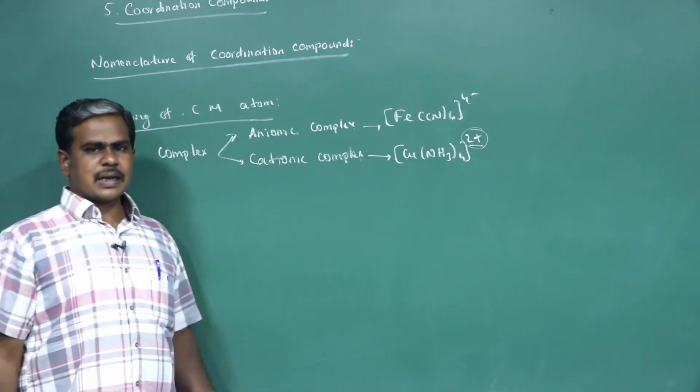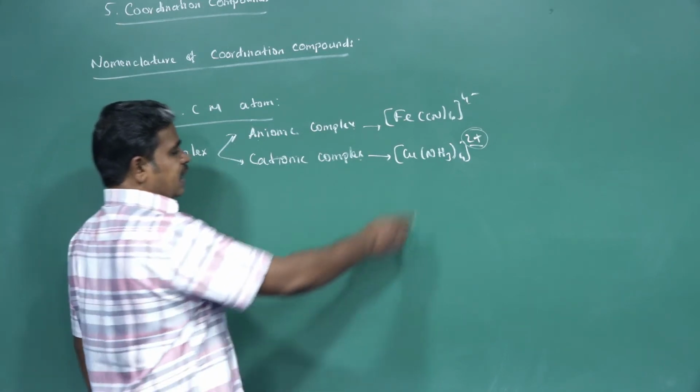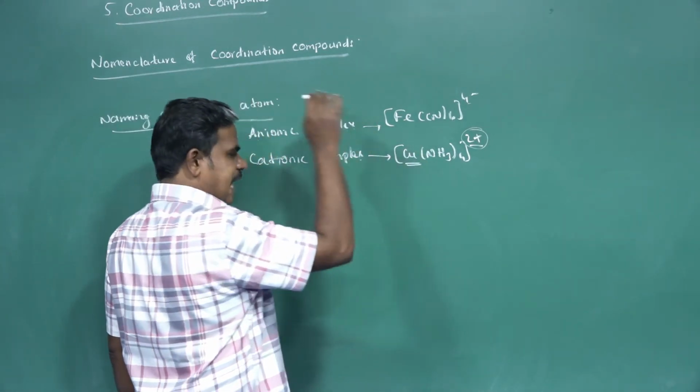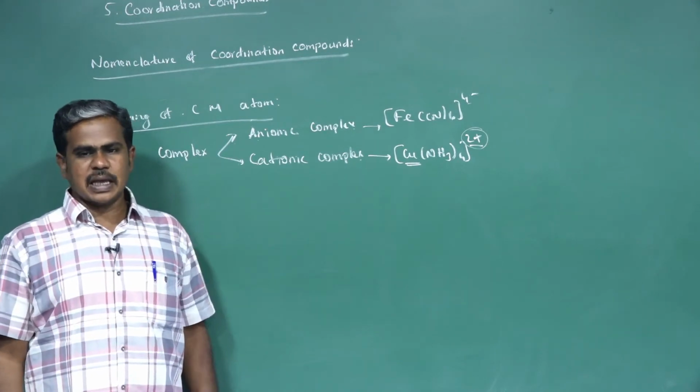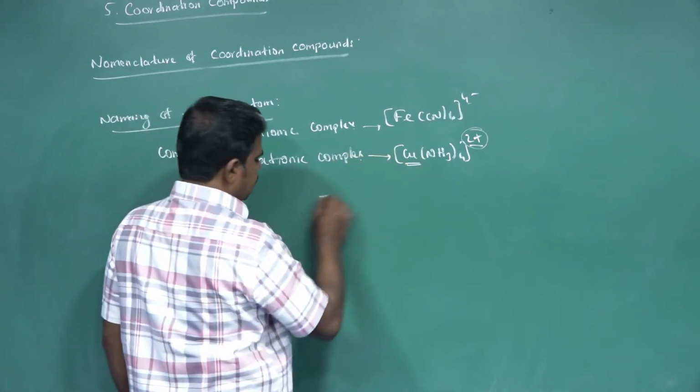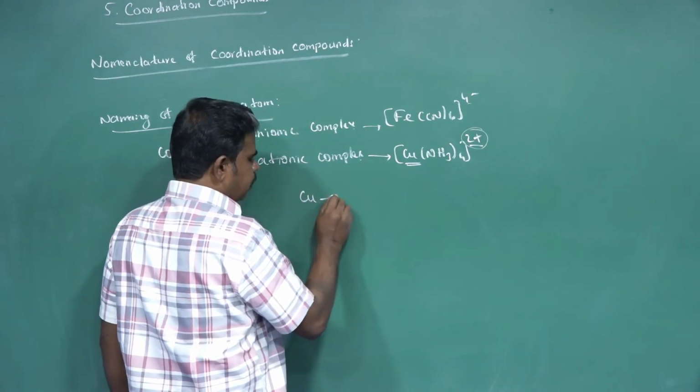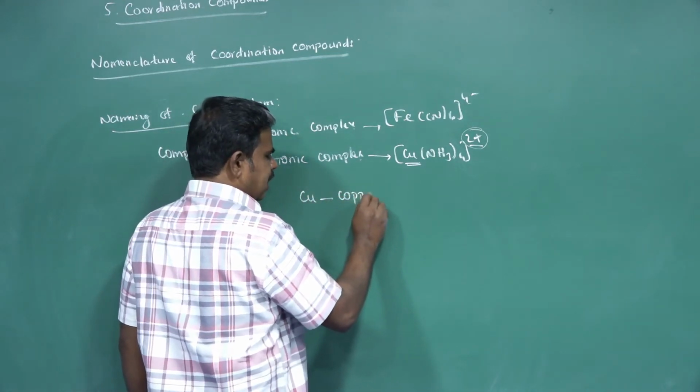If it is a cationic complex, we take the central metal atom as the element name, so here copper.